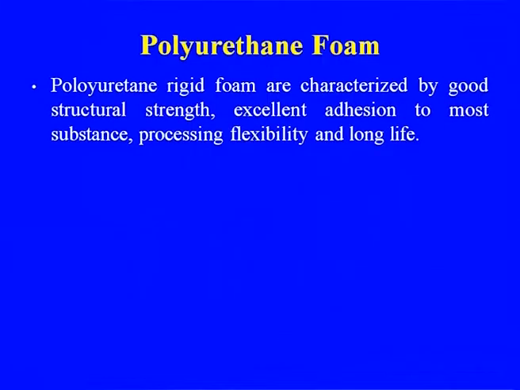Another type that has now become important in usage is the polyurethane foam. Polyurethane rigid foams are characterized by good structural strength, excellent adhesion to most substances, processing flexibility and longer life. These are some of the advantages of polyurethane foam.